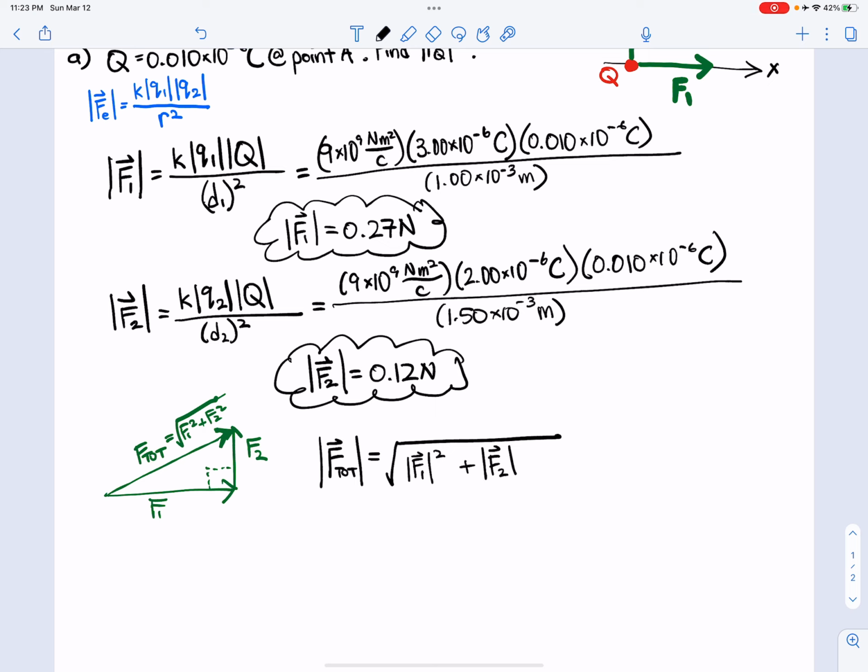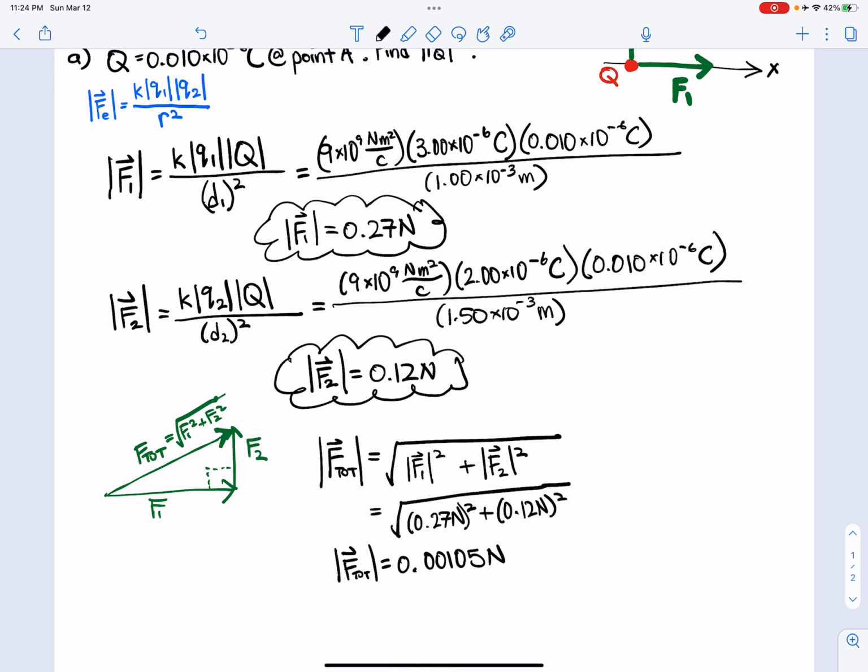Okay, so that is equal to the square root of 0.27 newtons squared plus the force 2, which is 0.12 newtons squared. And if you plug that in your calculator, you would find that the total force is equal to 0.00105 newtons. And that is our answer for part A. All right.